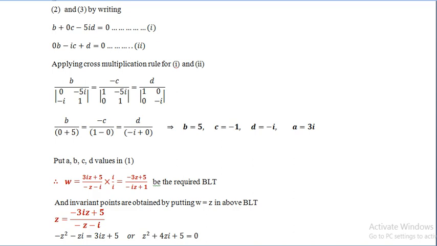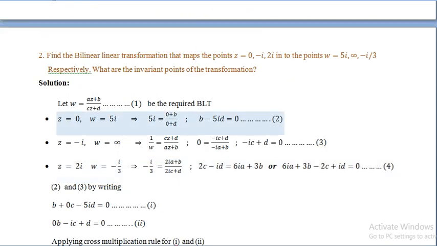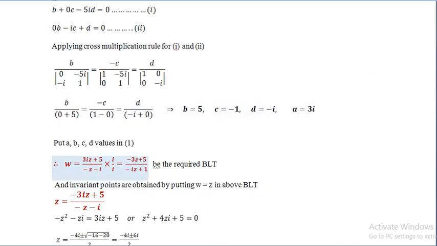So now we're using this A, B, C, D value in equation number 1. So substitute this value in equation number 1. Our equation 1 becomes (az plus b) divided by (cz plus d). A is 3i, 3iz plus b, b is 5, divided by cz, c is minus 1, minus z plus d, d is minus i.